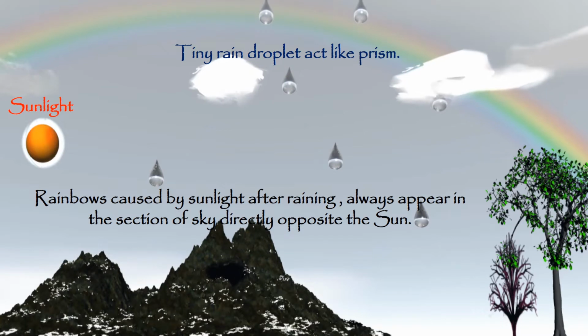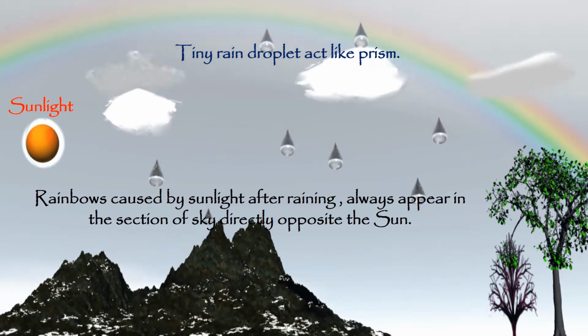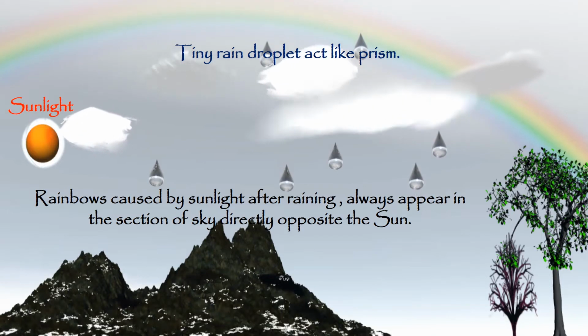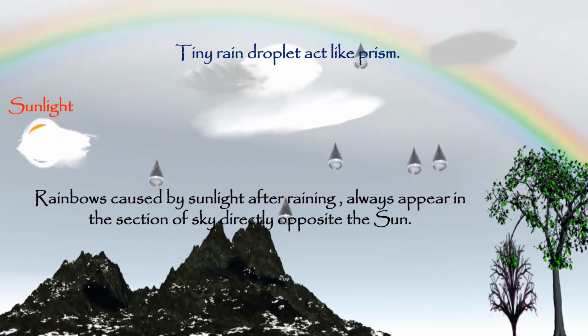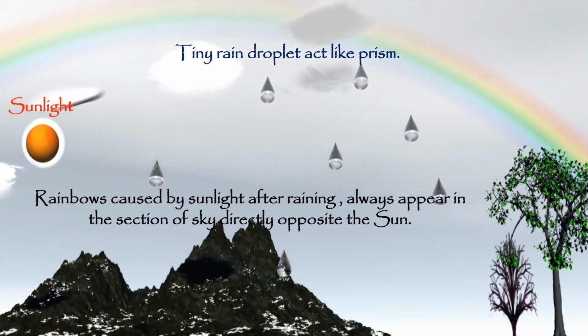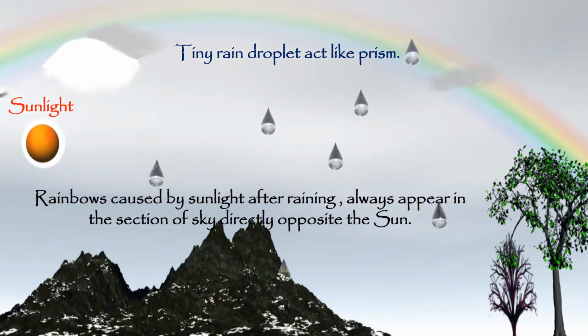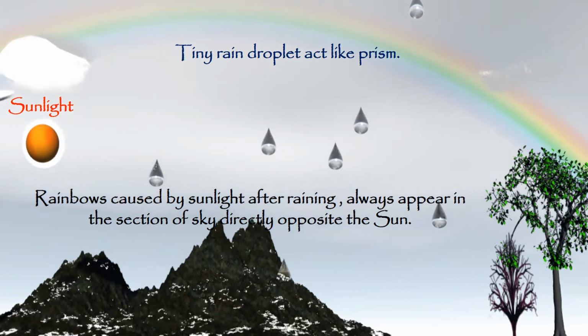After raining, there are some tiny rain droplets in the atmosphere, and these tiny droplets act like a prism. Rainbows are caused by sunlight after raining, and always appear in the section of sky directly opposite to the sun.